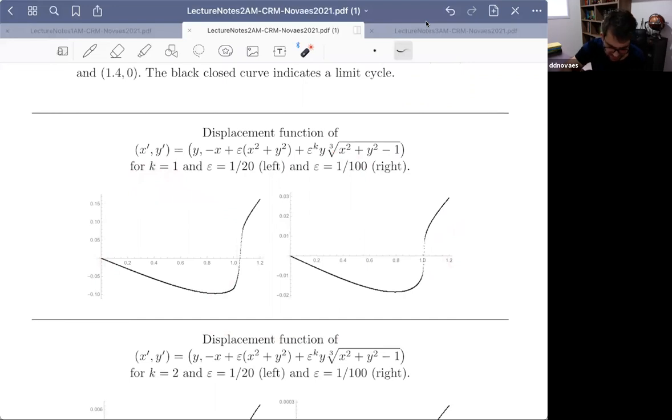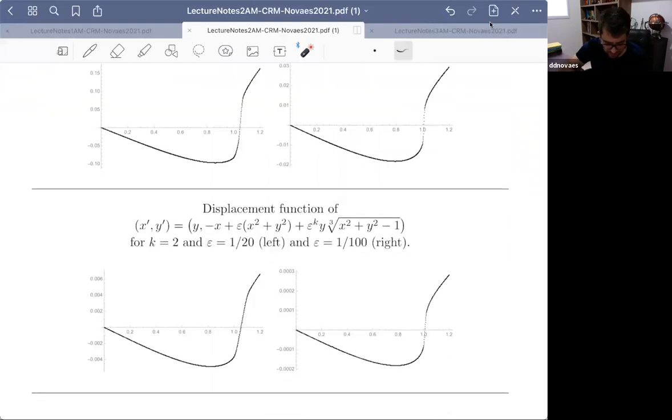We see that the displacement function intersects the axis x close to 1, and when we make epsilon small, it approaches 1, and the displacement function becomes vertical.